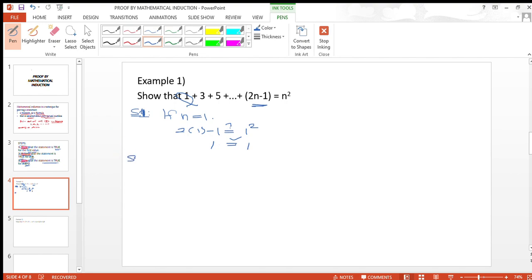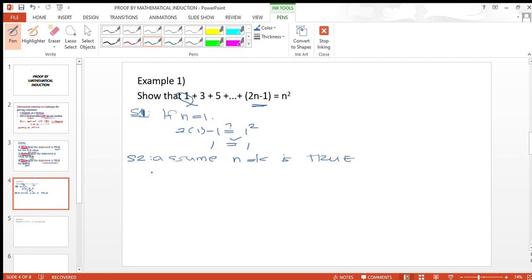Step 1 is satisfied. Step 2, we now assume n equals k is true.